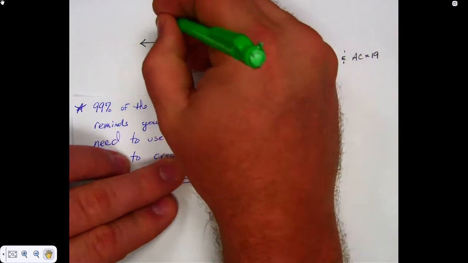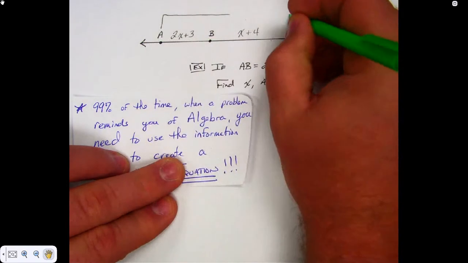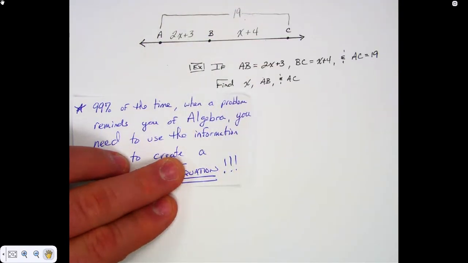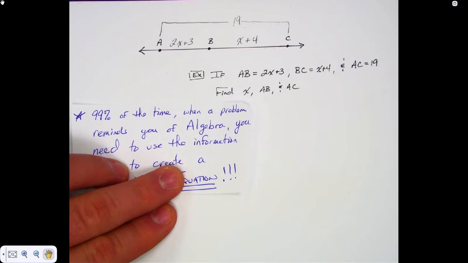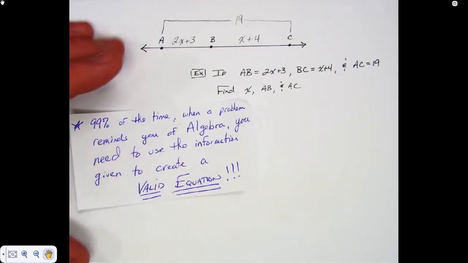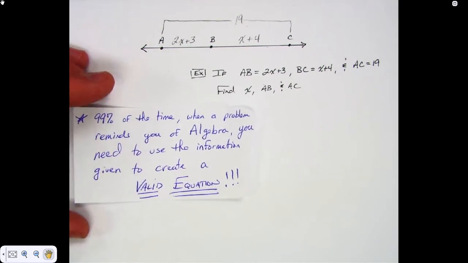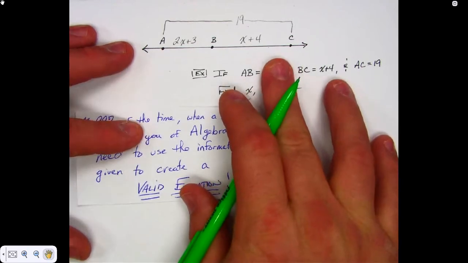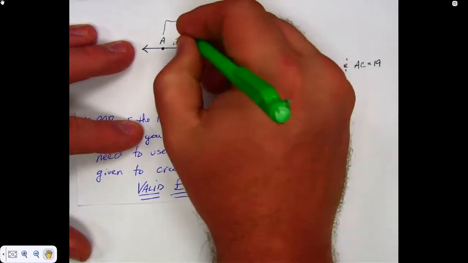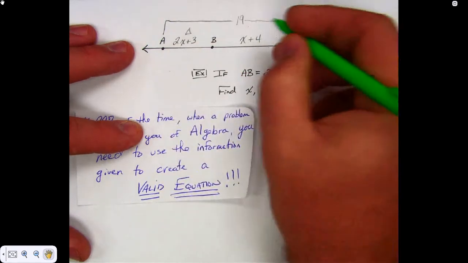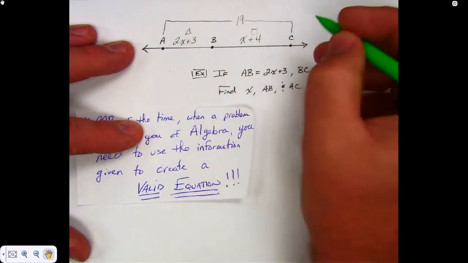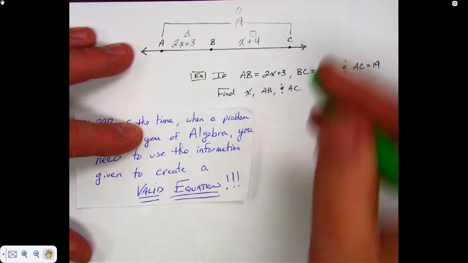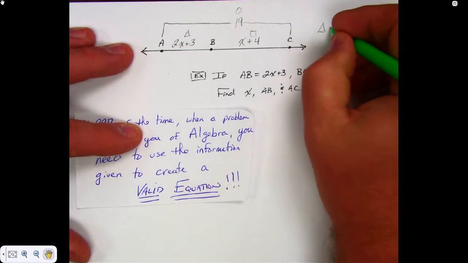Everybody has problems with this because it's not a number. Basically, it's just something that represents this. If I said AB was equal to triangle, and I said that the distance from B to C was square, the distance from A to C was circle, can you tell me the equation that I could write from that? Triangle plus square would equal circle. Why is it any different because there's some ugly expression there?